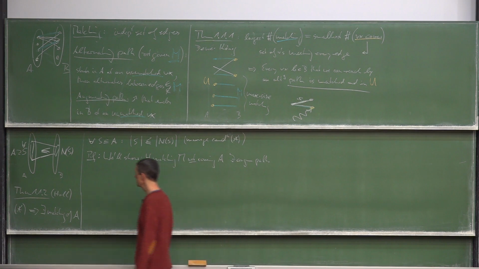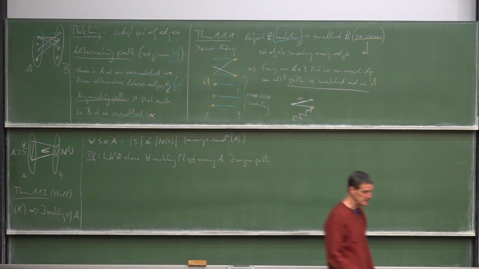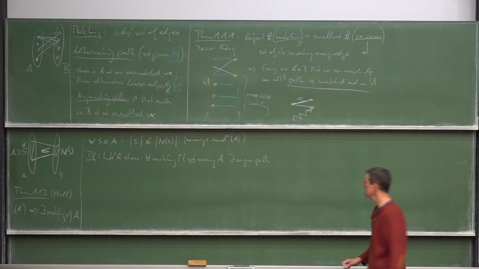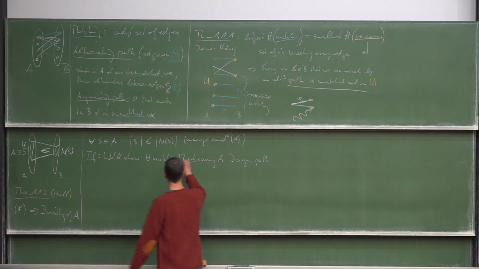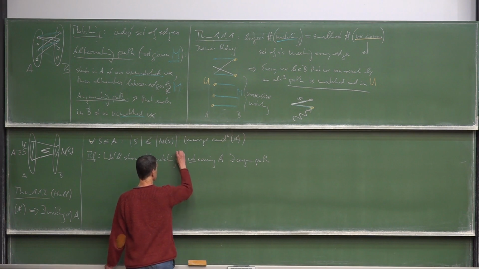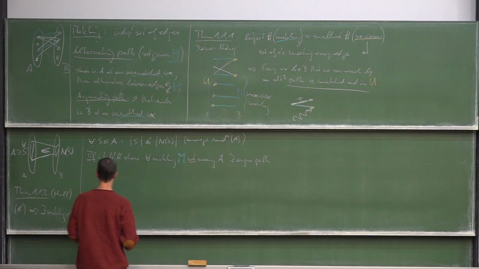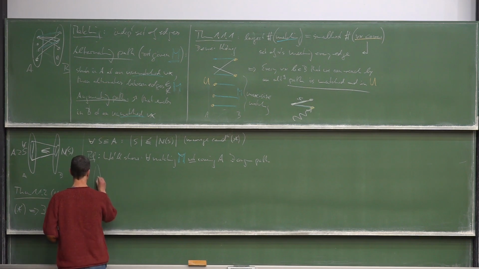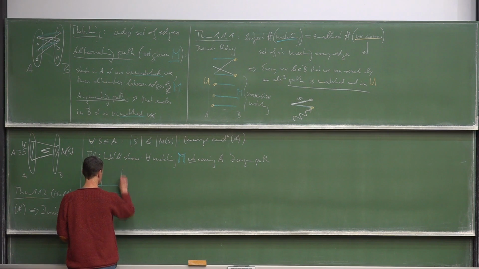Okay, so let M be given any matching now. Let's find an augmenting path if A isn't covered. So if A isn't covered, then there's a little a that is unmatched.